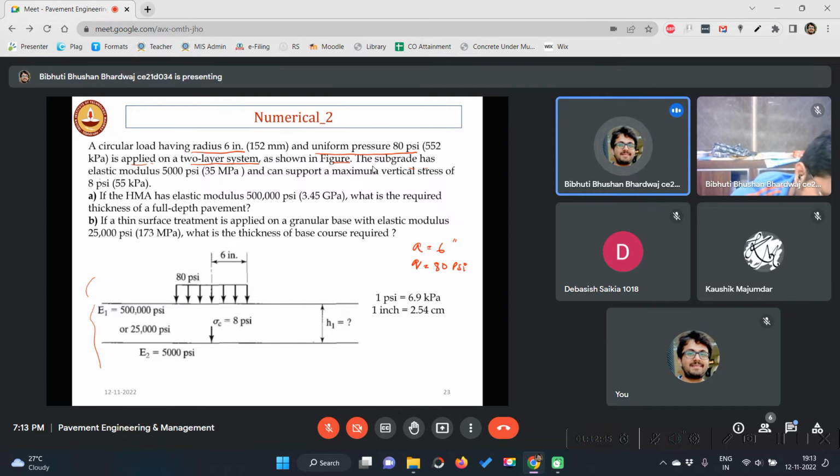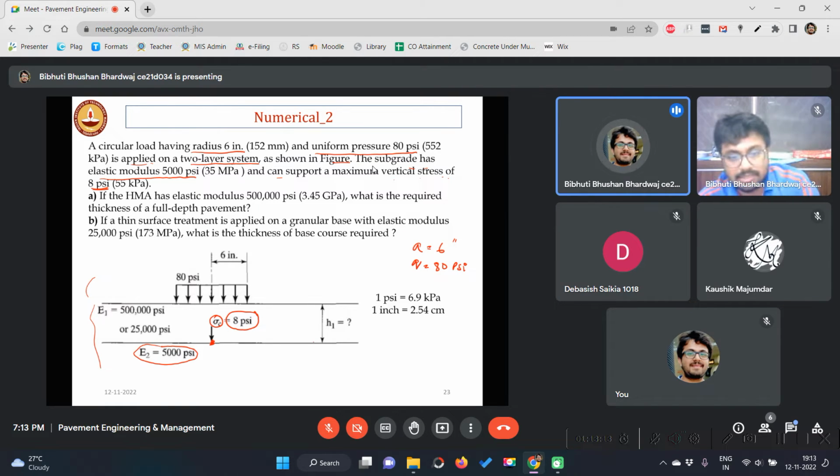The subgrade has elastic modulus 5000 psi, that means E2, the bottom layer elastic modulus, is 5000, and it can support a maximum vertical stress of 8 psi. That means at the interface, sigma c can be a maximum of 8 psi. Otherwise it will fail at this point.